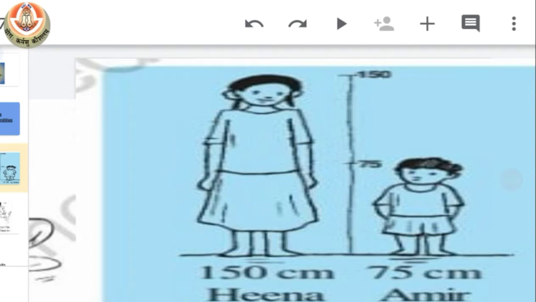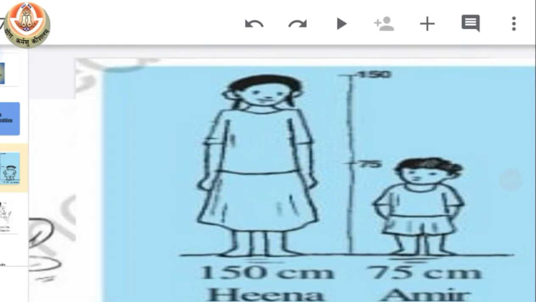Now we can compare their height, because you can see that height is a common unit, so we can compare the height of Hina with the height of Amir. Okay, so that means it is very essential to have the same unit to compare two different things.